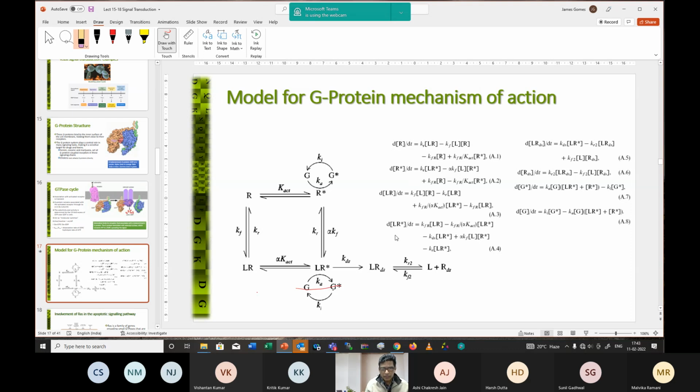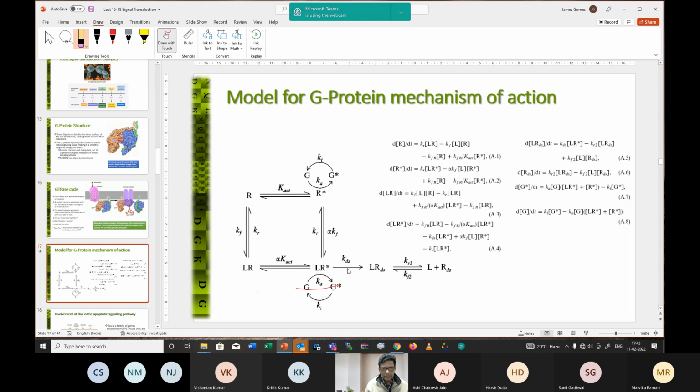Okay, so the modeling that is done here is essentially showing you, first of all, that there's a binding of the ligand to the receptor. So there's a receptor here. The receptor becomes the activated receptor, and that is the part where you see the G protein getting charged and getting reversed back here. Now, the receptor, when it binds the ligand, gives you the LR, and the LR can get activated to LR star, and here also you'll have the cycle taking place.